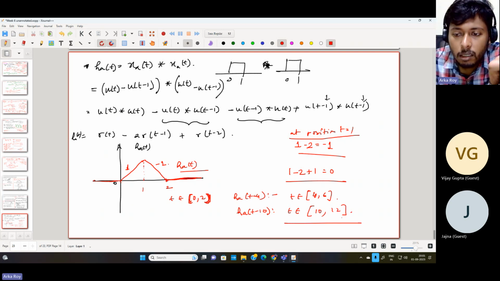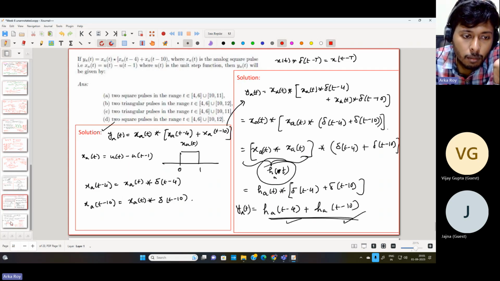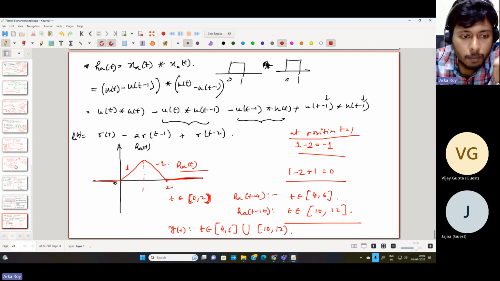So the locations are 4 to 6 and 10 to 12. As the locations are disjoint, I can write the overall output as having the ranges 4 to 6 union with 10 to 12.